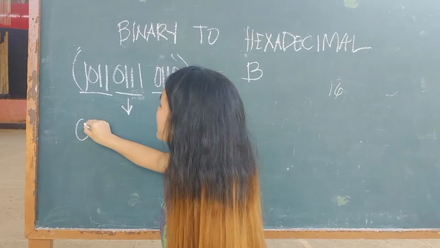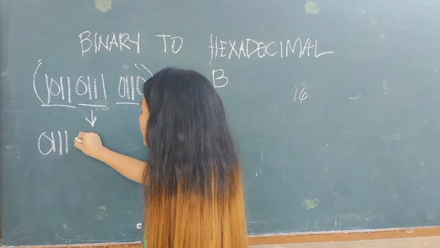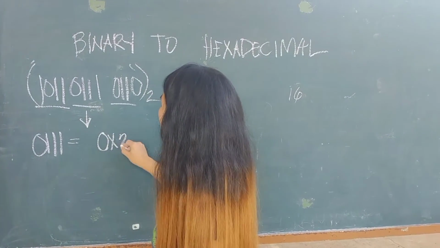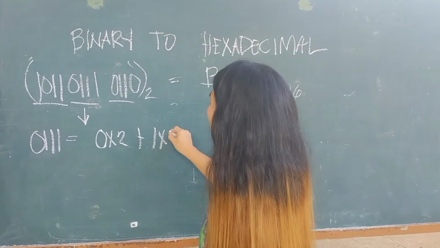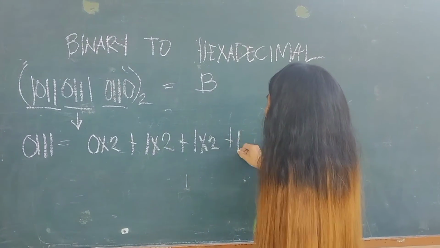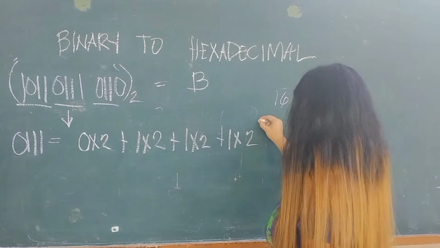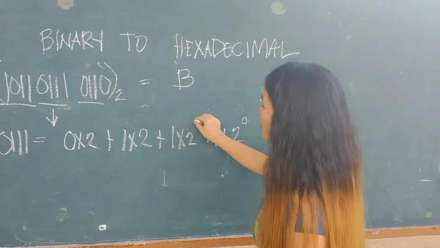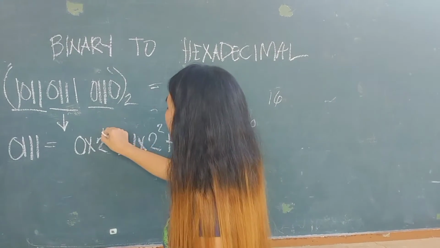So, therefore, 0, 1, 1, 1 is equal to 0 times 2 plus 1 times 2 plus 1 times 2 plus 1 times 2, and we put an exponent here, 0, 1, 2, 3.